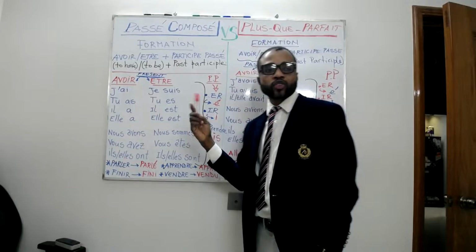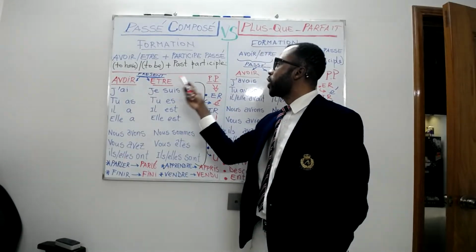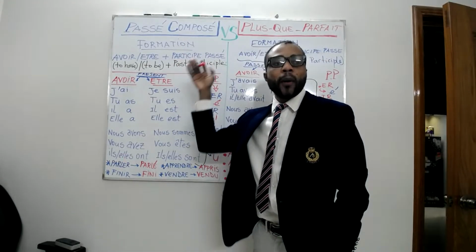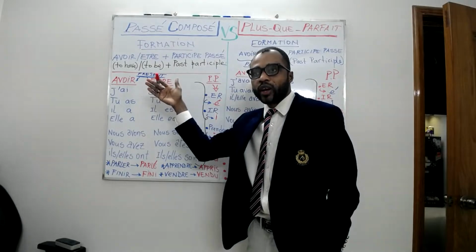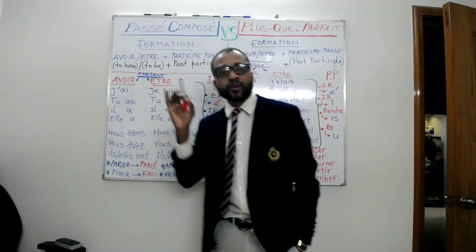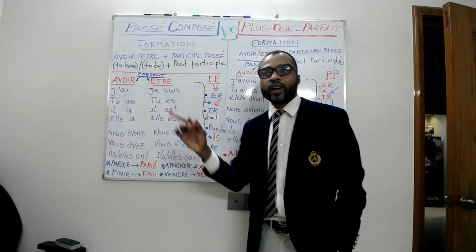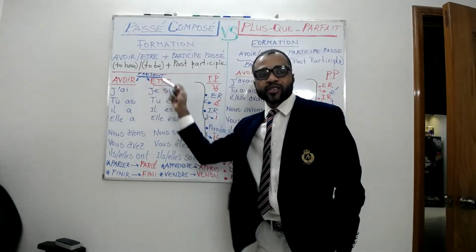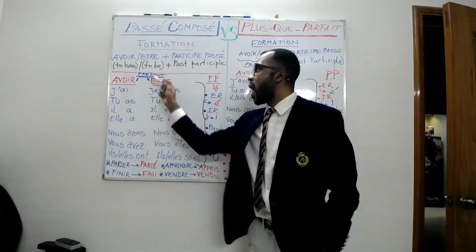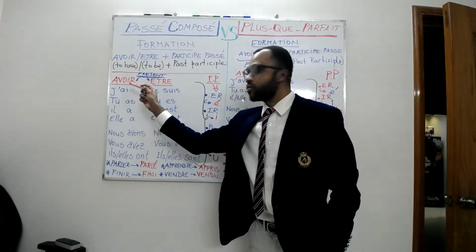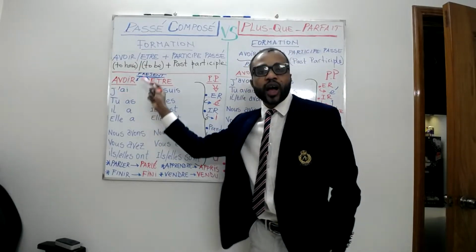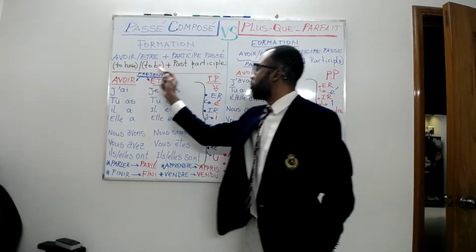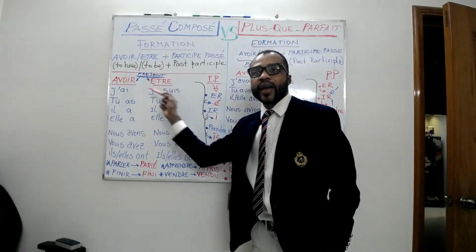So now, how do we do the formation of passé composé? If you remember in English, present perfect, we have the present tense of the verb to have. The verb to have in French is avoir, and the verb to be, être.